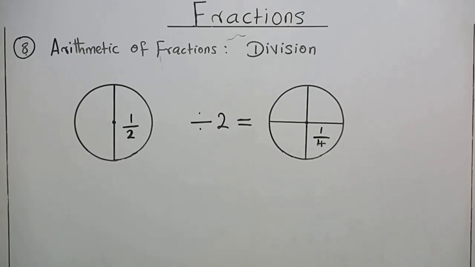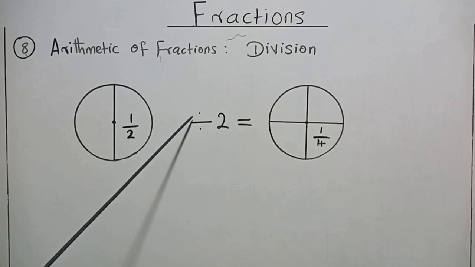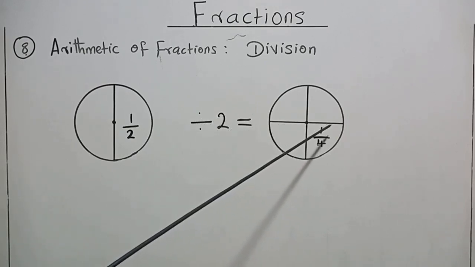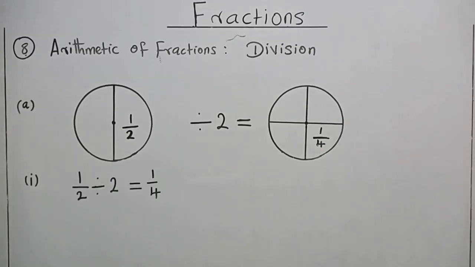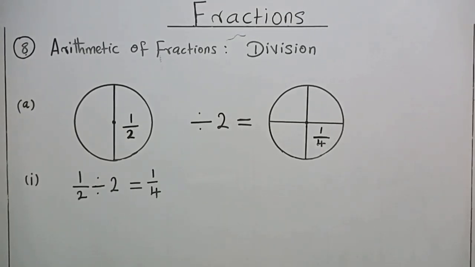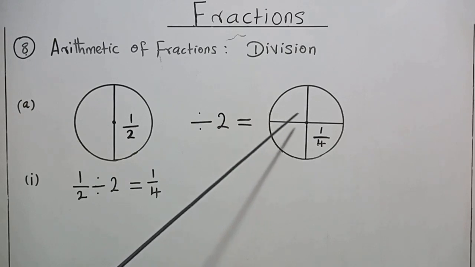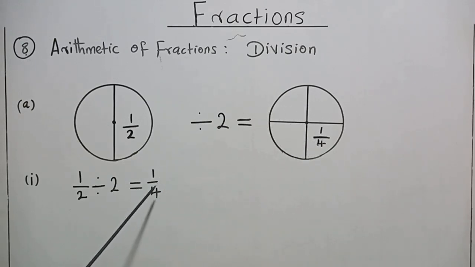Therefore, we make a conclusion with this diagram that 1/2 divided by 2 is equal to 1/4. Let me write it. And here it comes. 1/2, that is this, divided by 2, see it here, that is broken into 2, is equal to 1/4. See it here.